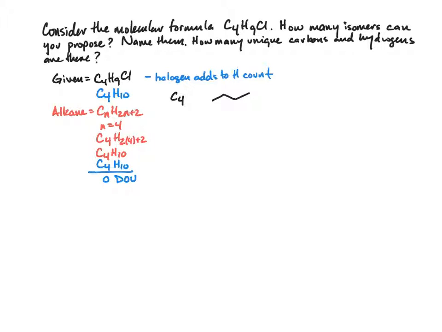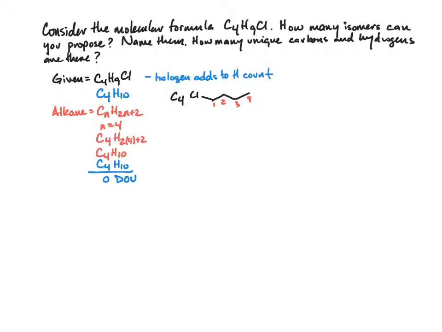The hydrogen count is now C4H10, but we know we have to substitute a chlorine in there, so we remove one of the hydrogens and replace it with chlorine. Let me number this so that we can follow this logic, and we're going to put the chlorine at position 1. We want to be very logical so that we get all the possible isomers.